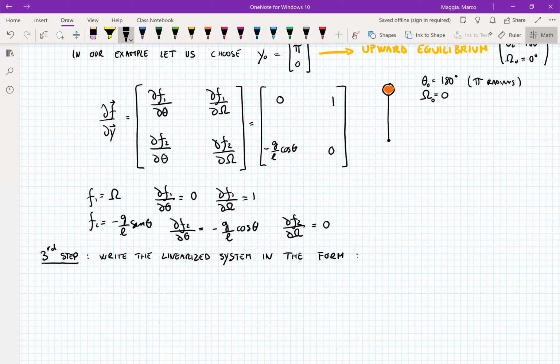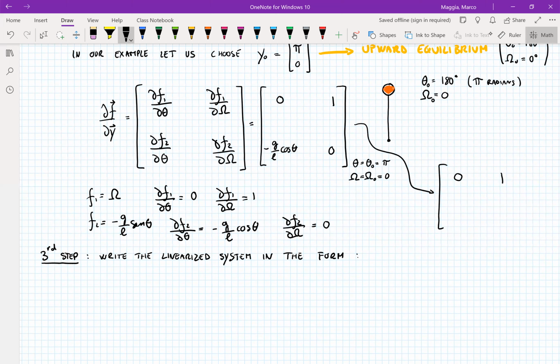Now remember that this matrix has to be evaluated at the reference point. So we have to substitute theta equals theta 0, which in this case is pi, and omega equal to omega 0, which is 0. If we make this substitution, we find 0, 1.